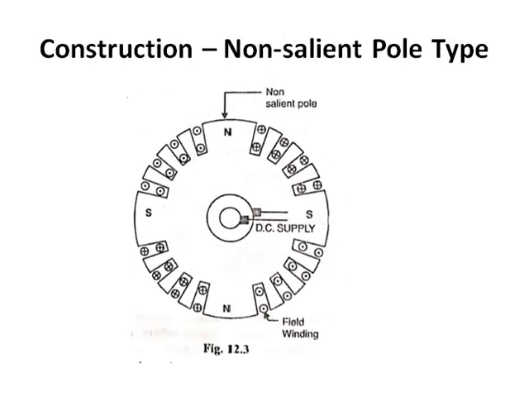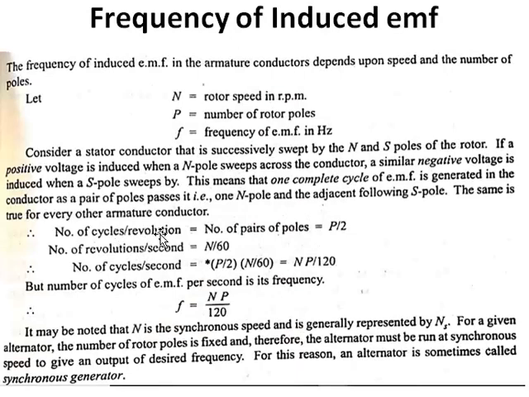In a non-salient pole, we do not have any protruding poles. The structure is cylindrical, and we looked into the advantages and disadvantages of this type of rotor.